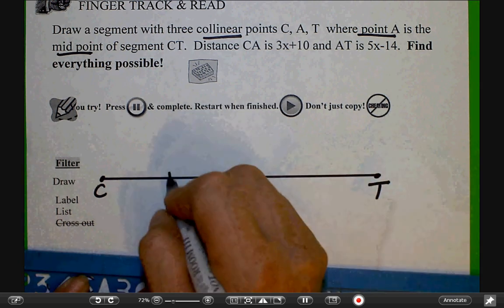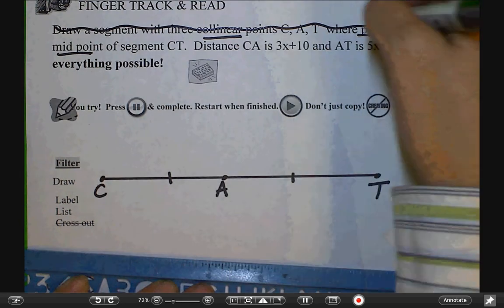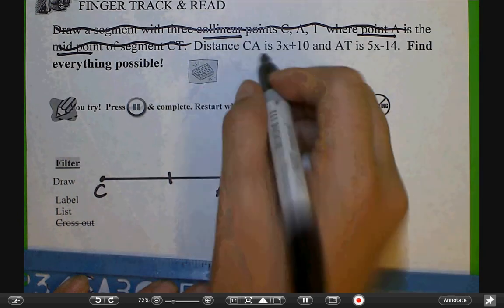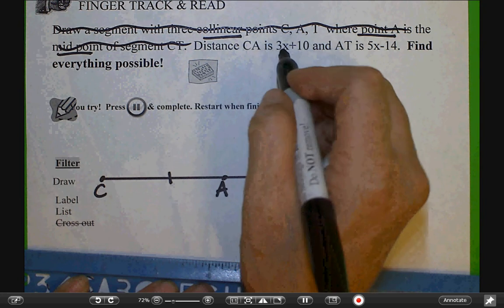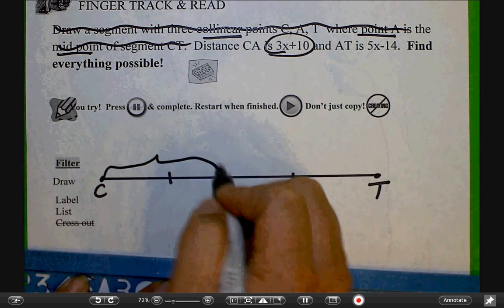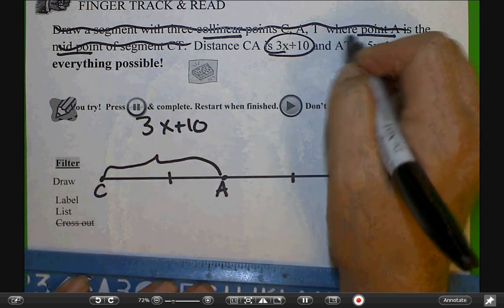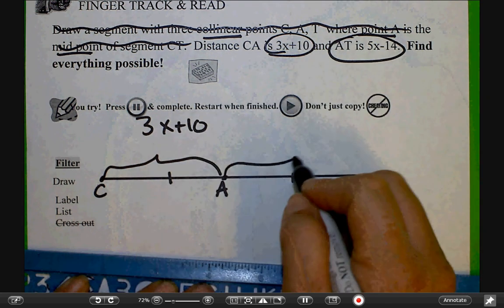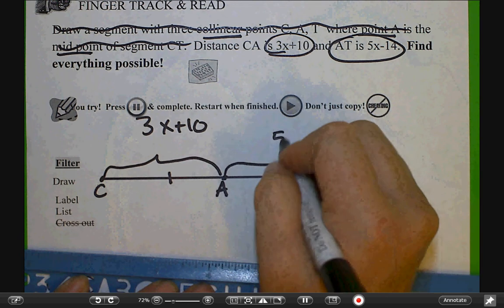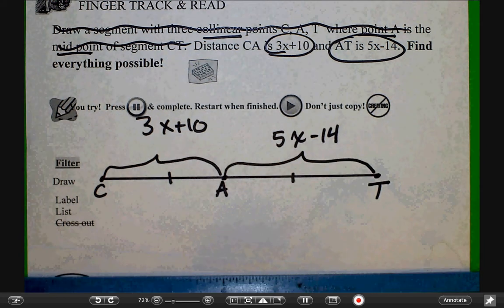It's a midpoint, so hatch marks. Cross that out. You've accounted for that. The distance of C to A is going to be 3x plus 10. A to T is 5x minus 14. Find everything possible.